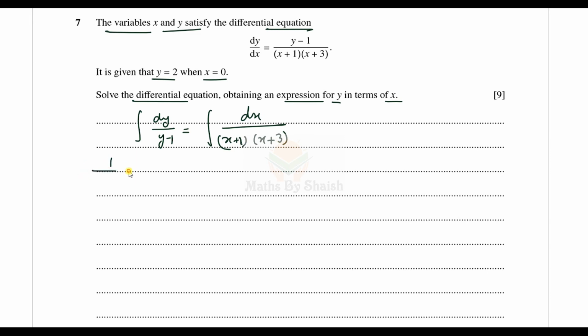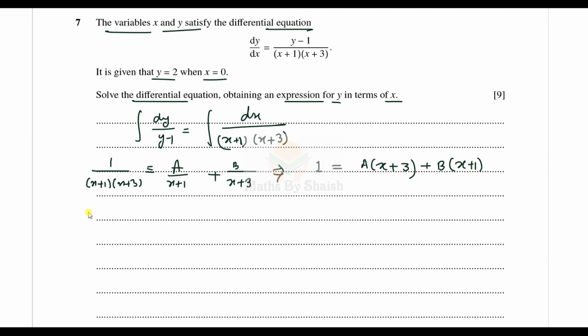So it is 1 over (x plus 1) into (x plus 3). It can be written as a over x plus 1 plus b over x plus 3. So I'll multiply the whole equation by (x plus 1) into (x plus 3), and we will get 1 is equal to a times (x plus 3) plus b times (x plus 1).